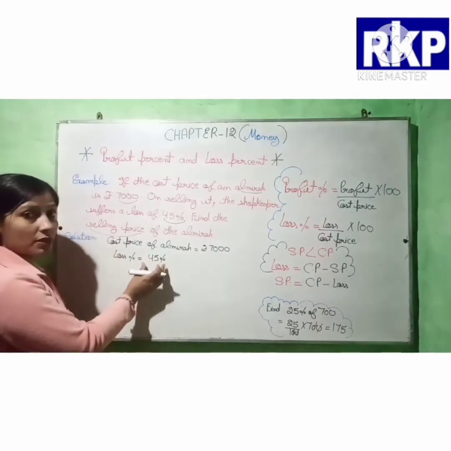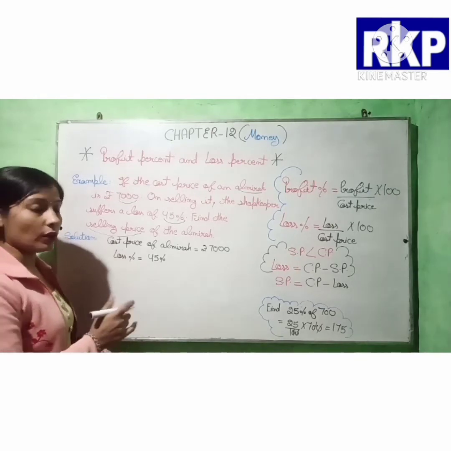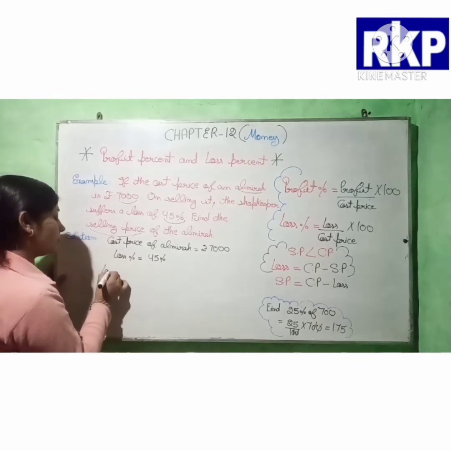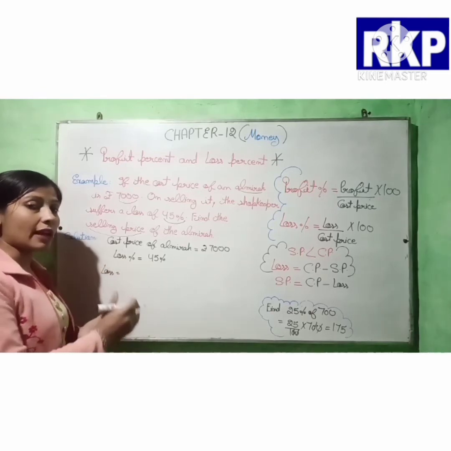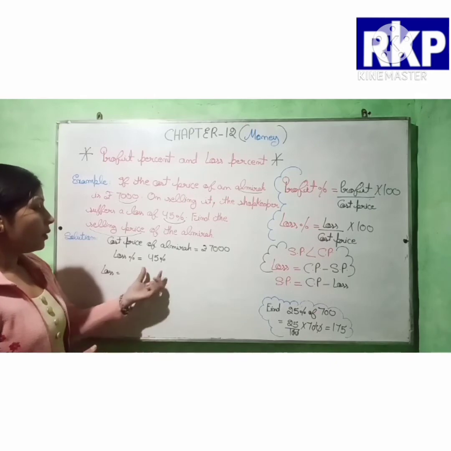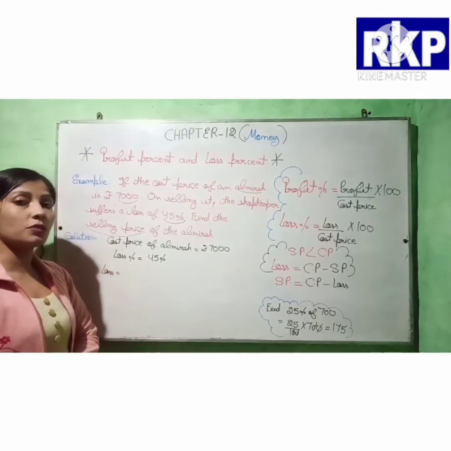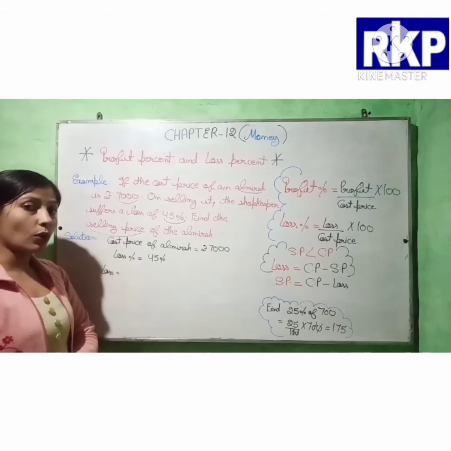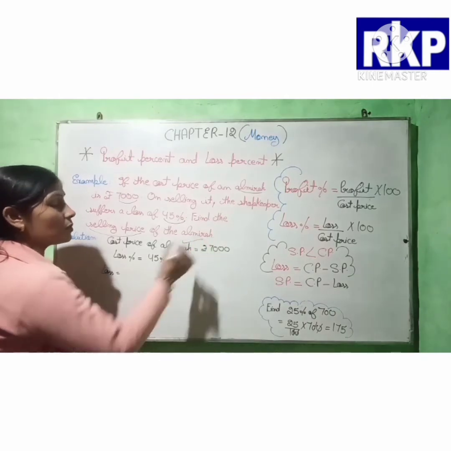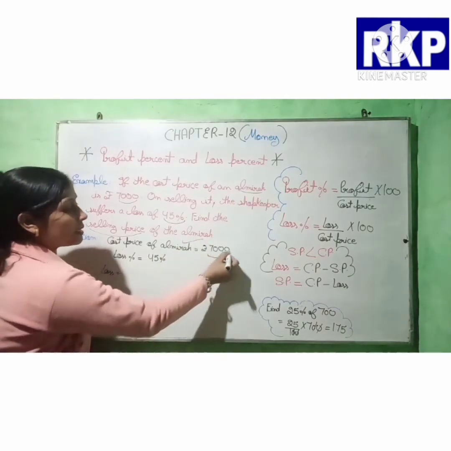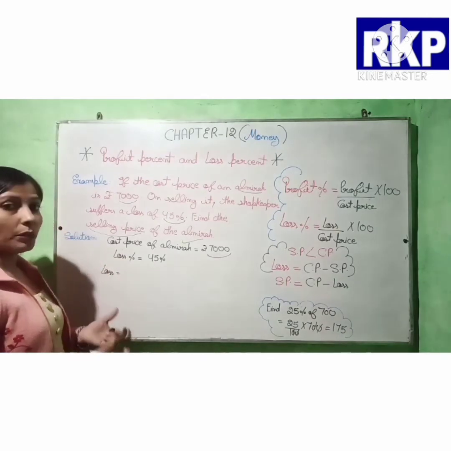Okay, loss percent is 45%. And now we have to find out loss. And what will be loss? What will be actual loss? Yes, 45% of 7,000, because we know loss percent or profit percent is always calculated on the cost price, and here cost price is 7,000 rupees.